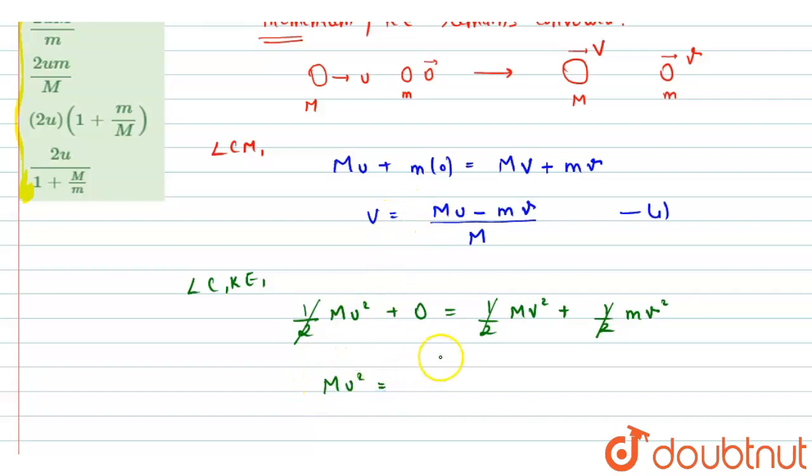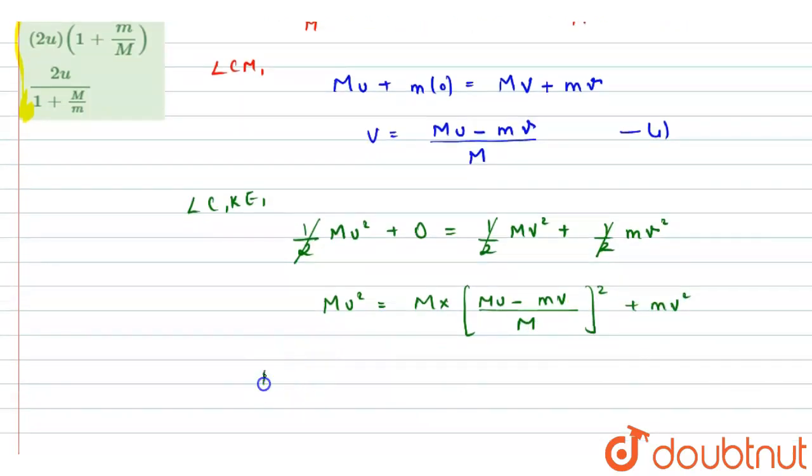So we get M u square equals M into ((Mu minus mv) divided by M) whole square plus m v square. So M u square equals (Mu minus mv) whole square divided by M, since M square over M leaves M, plus m v square.